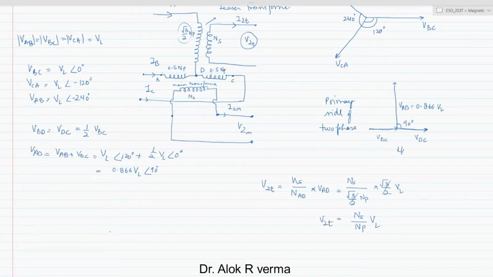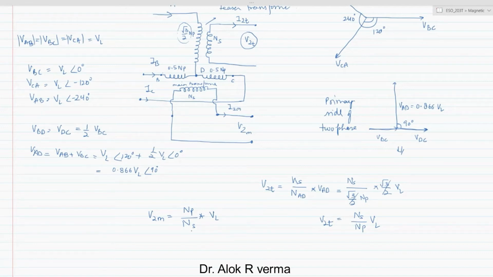Now what is V2M? We can clearly see this voltage will follow the voltage transformation ratio, so NS by NP into the rated voltage VL.